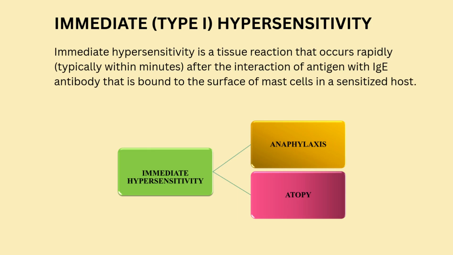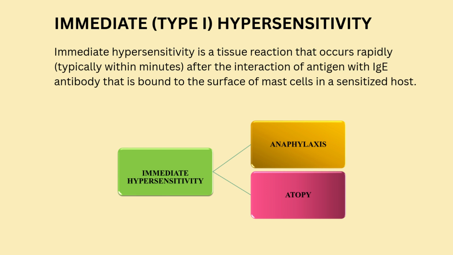Let's talk about the type 1 hypersensitivity, that is immediate hypersensitivity. Immediate means that it occurs very rapidly, typically within minutes. It's a tissue reaction that occurs rapidly after the interaction of antigen with IgE antibodies that are bound to the surface of mast cells in a sensitized host.